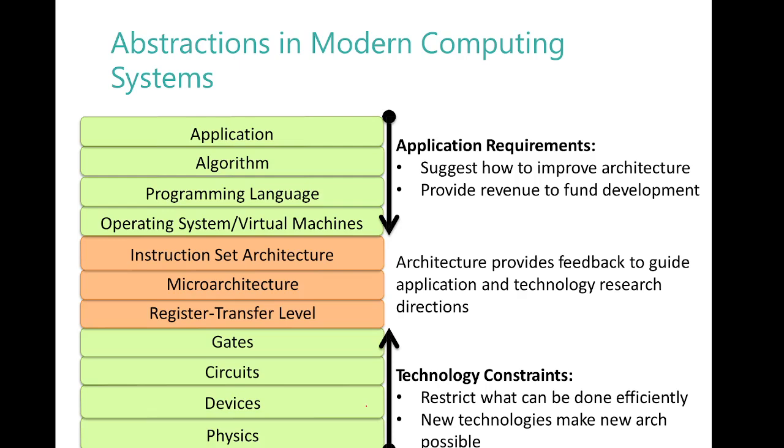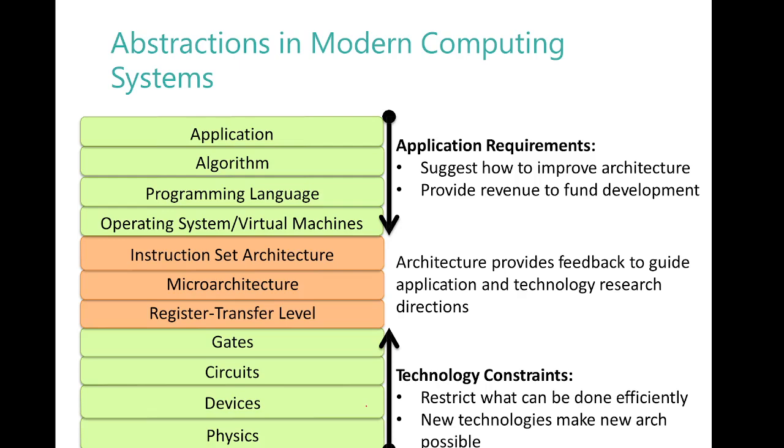Technology puts constraints and gives the physical limitations. In between, the architecture plays a very important role in giving feedback to both the application as well as the technology, so that they can take the right research direction.